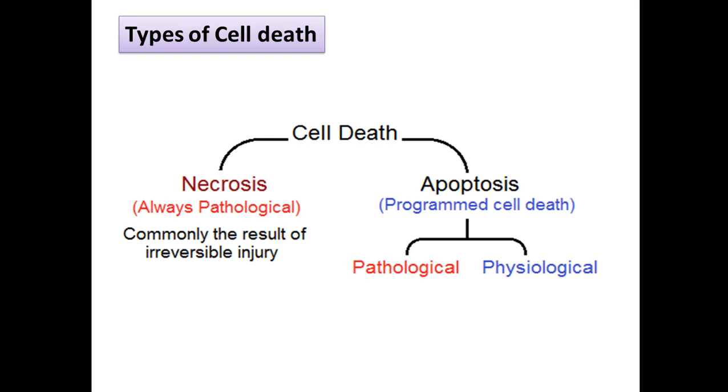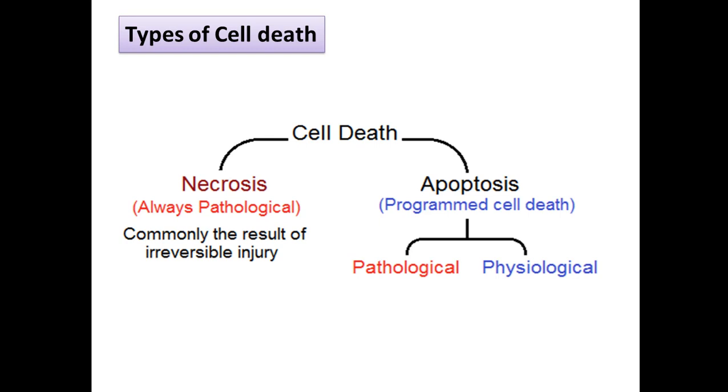Now, there are two pathways for cell death to occur, and we said cell death is of two types. One is necrotic cell death, which we can say is an induced form of cell death, and its causes are always pathological.